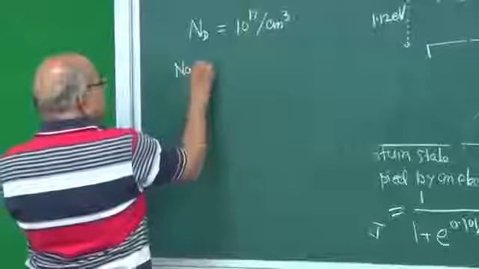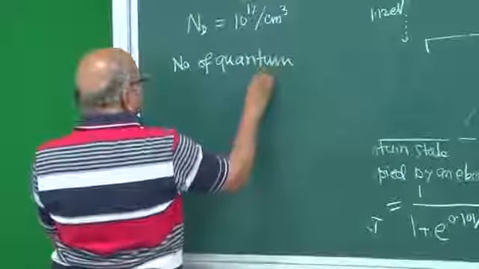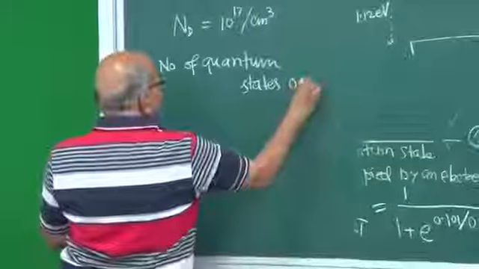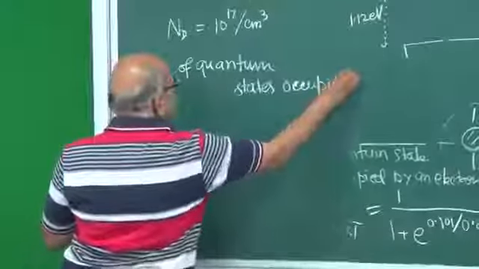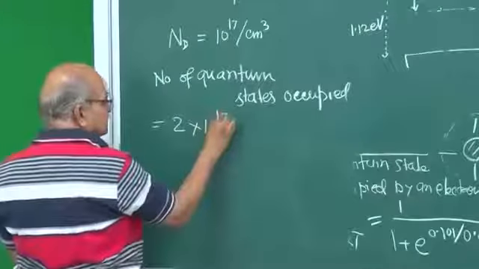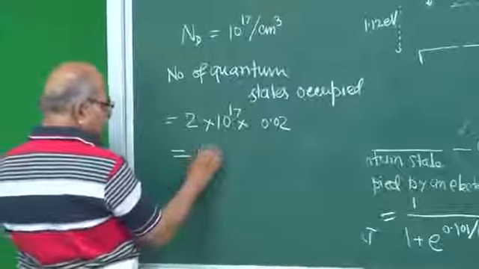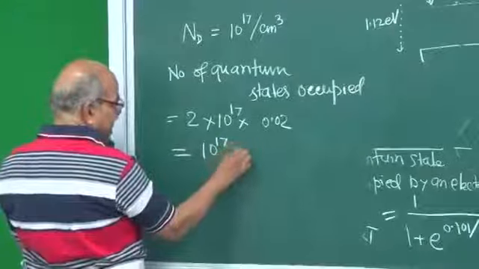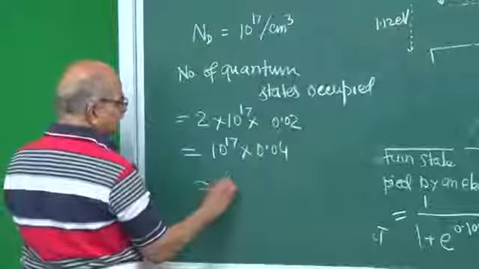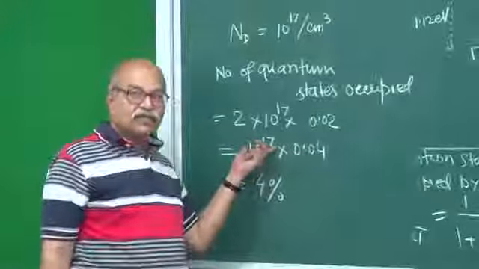So the number of quantum states occupied is 2 into 10 to the power 17 times 0.02, or you can express it this way, this multiplied by 0.04, and that means 4% of the total donor atoms.